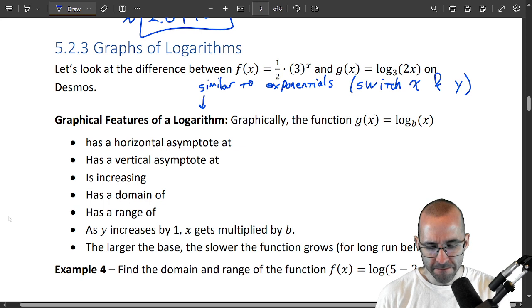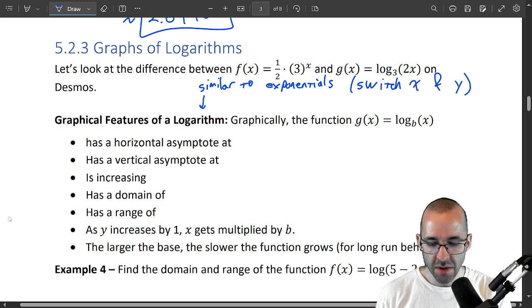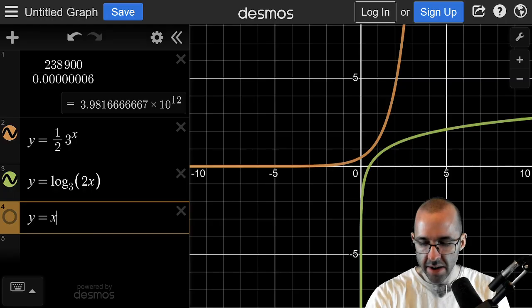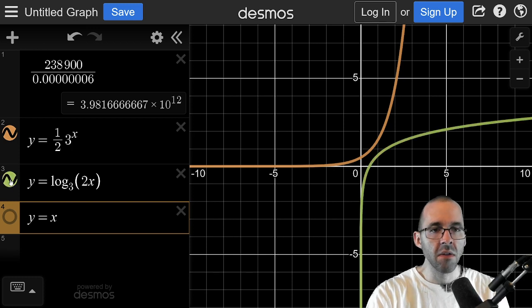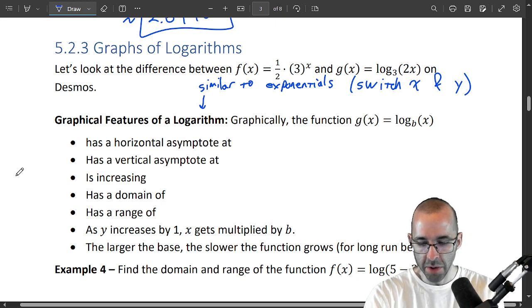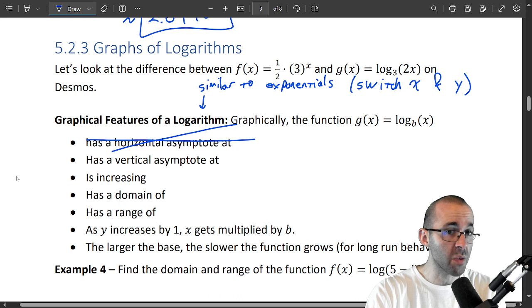Here's what I mean by that. An exponential function has a horizontal asymptote, right? Exponential functions all have horizontal asymptotes. Logarithms will have a vertical asymptote. So there are no horizontal asymptotes. An exponential function would have one.